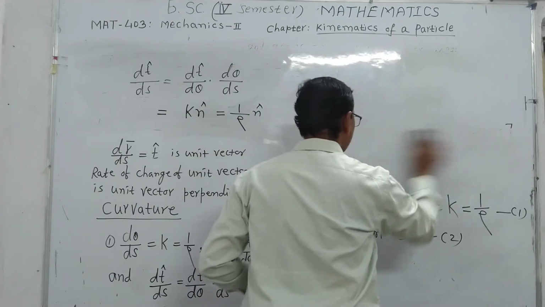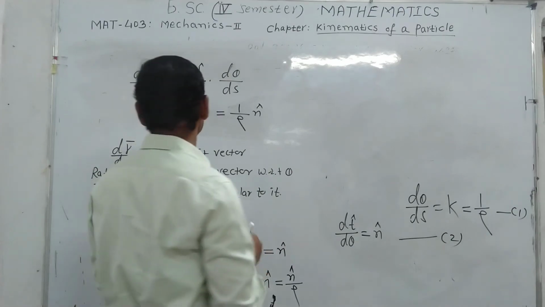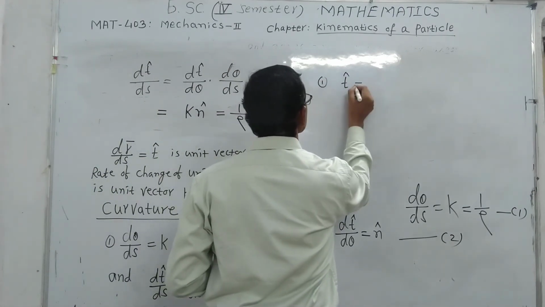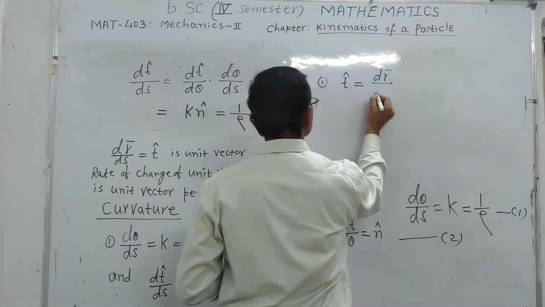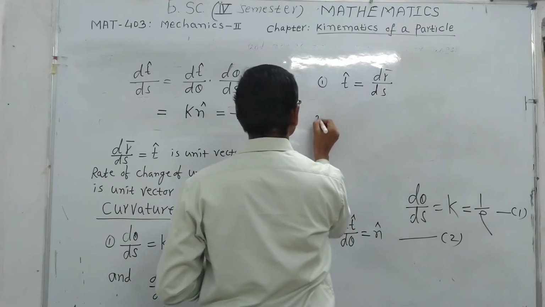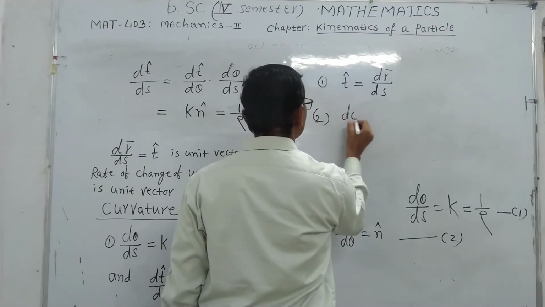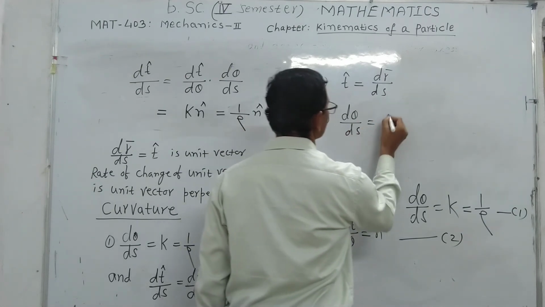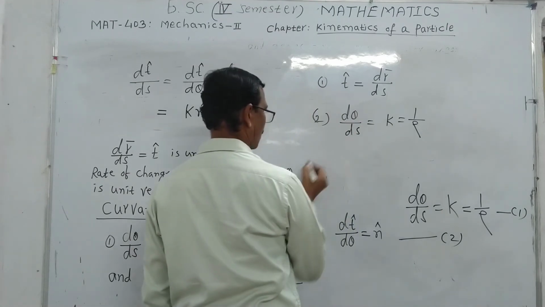Guys, we have to remember these formulas. First, t cap is equal to dr bar by ds. Second, d theta by ds is equal to k, which is equal to 1 by rho.